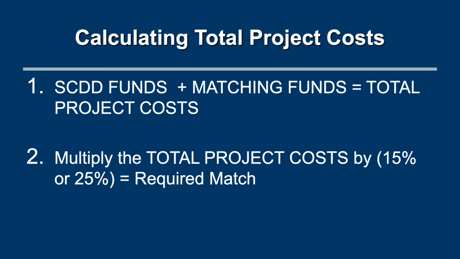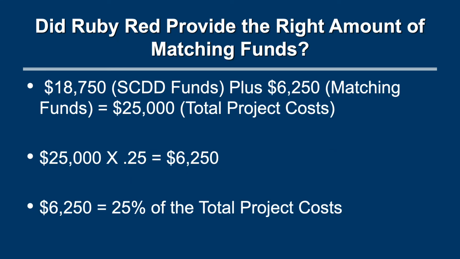Let's look at an example, the Ruby Red organization. Ruby Red is an organization that is serving a non-poverty area. Projects serving non-poverty areas are required to match 25% of the total project costs. To see if Ruby Red contributed the correct percentage of matching funds, you have to first compute the total project costs.